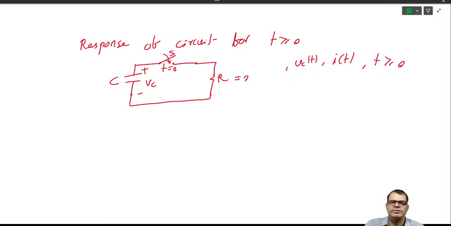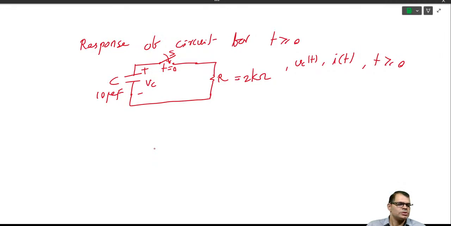The value of R is equal to 2 kilo ohm and C is equal to 10 microfarad. What we are going to find is the total response.